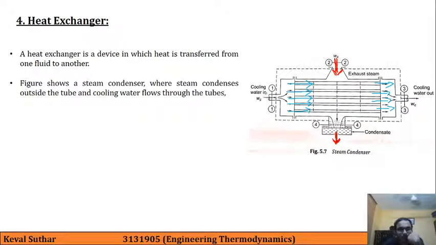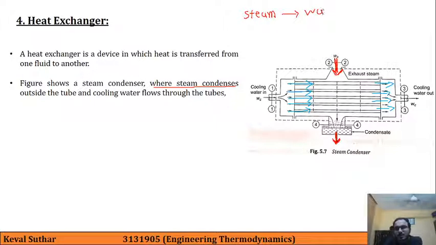Figure shows a steam condenser where the steam condenses. Let me remind you, we have already seen latent heat of condensation or latent heat of vaporization, where in this case condensation means conversion of steam into water.